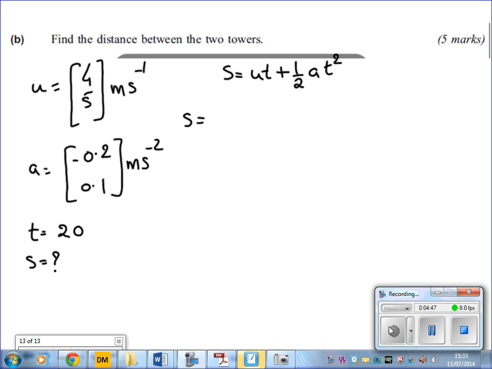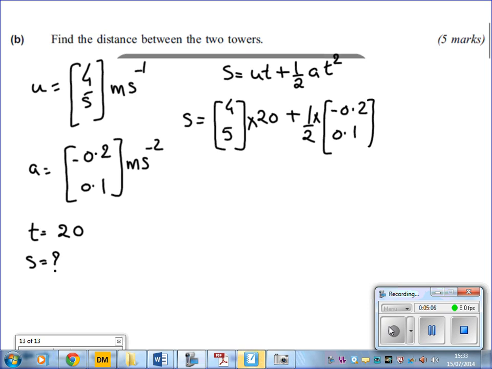So s equals (4, 5) times 20 plus half times (-0.2, 0.1) times 20 squared. Okay, so which is going to be 4 times 20 is 80, 5 times 20 is 100.